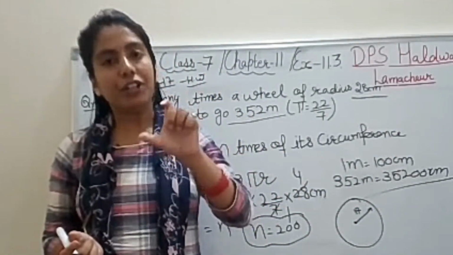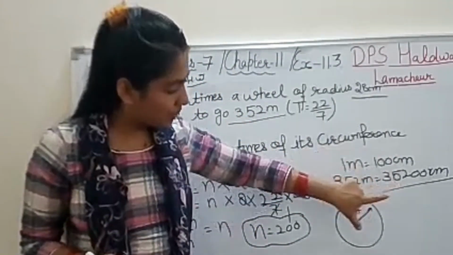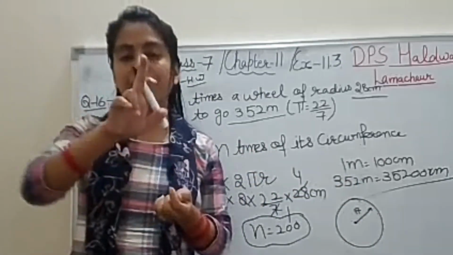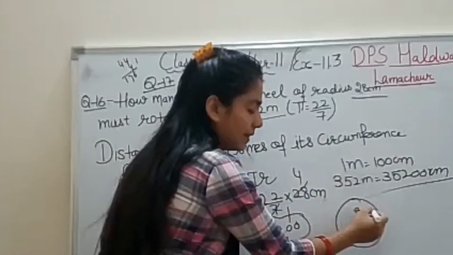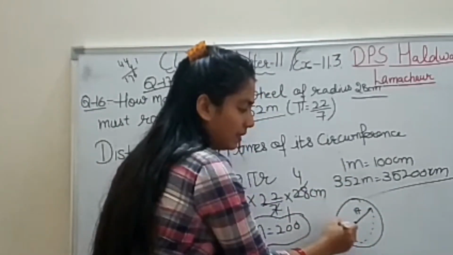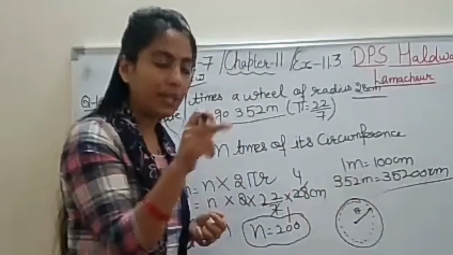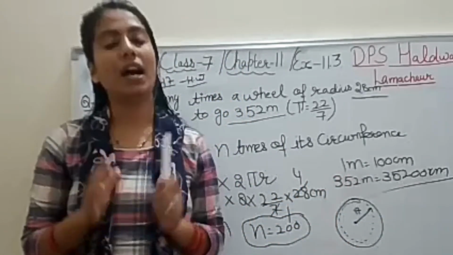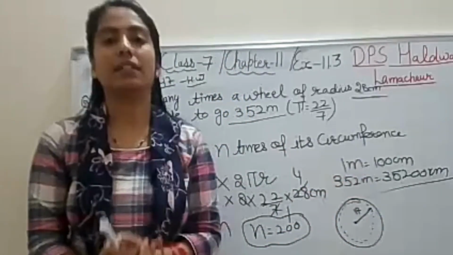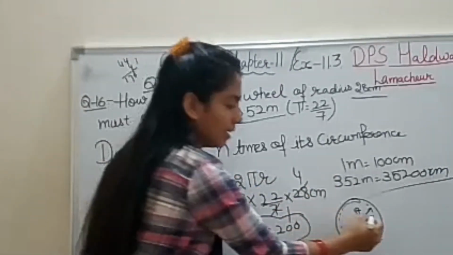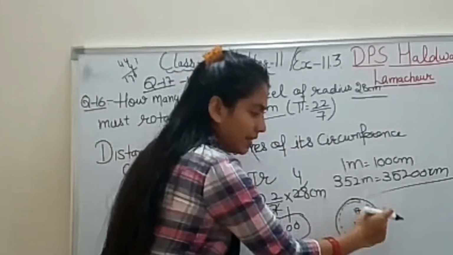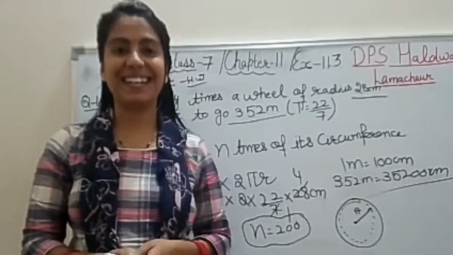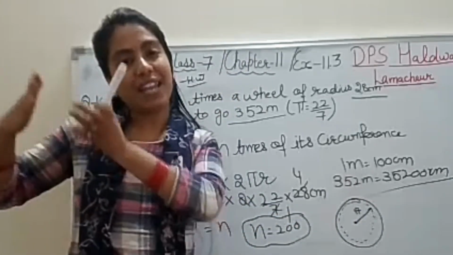Whatever you draw from the center is the radius only. So this is the minute hand length, called r. The question is, after 1 hour, this minute hand will rotate in circular motion. You have to tell how much distance the minute hand covered. As you can see, the circumference of the circle will be the total distance covered by the minute hand, and the circumference is 2 pi r.